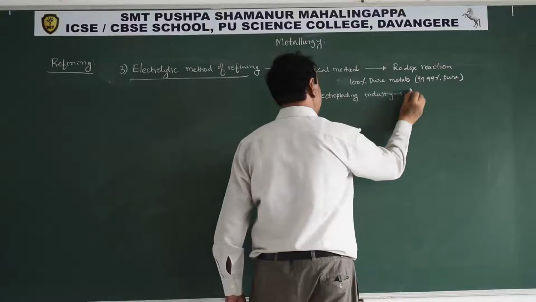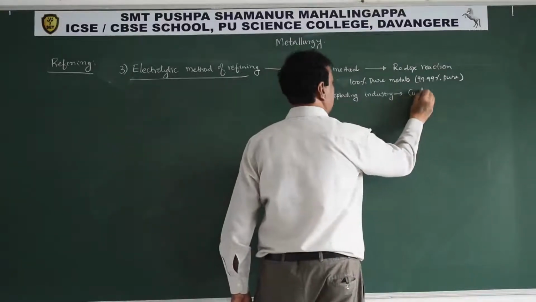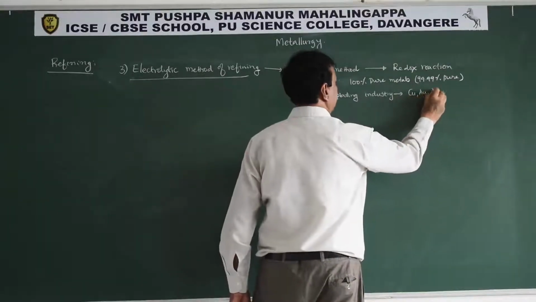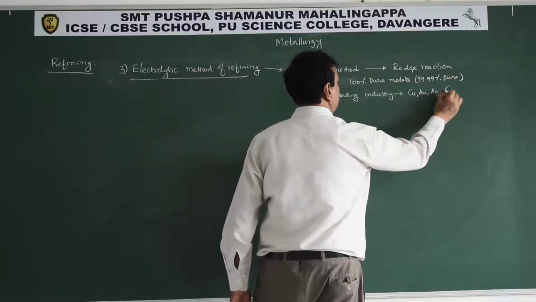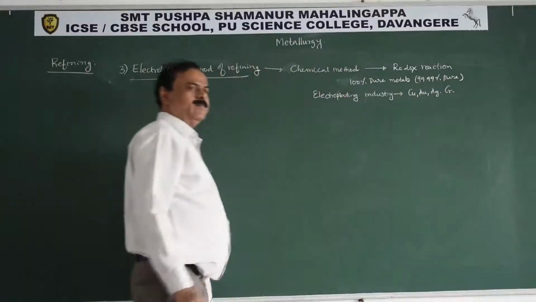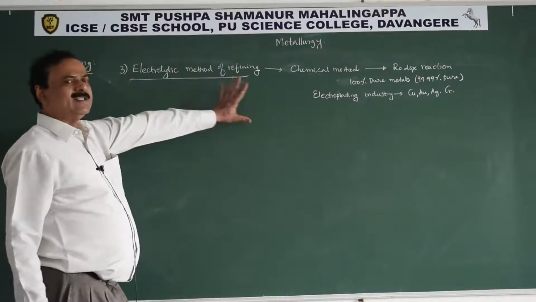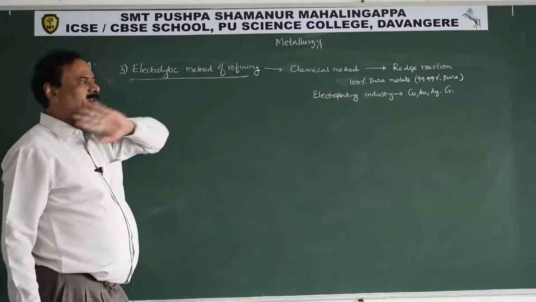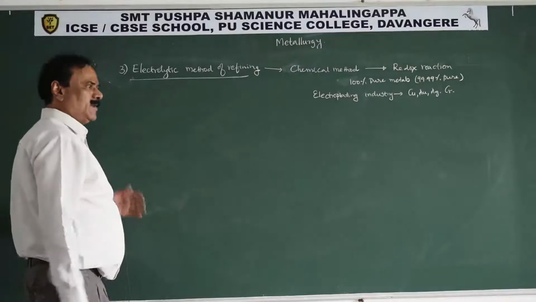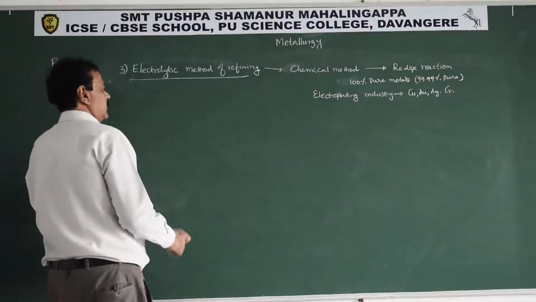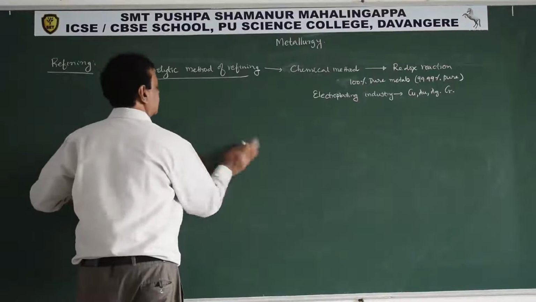In the electroplating industry, we use copper electroplating, gold electroplating, silver electroplating, chromium electroplating. We are using this type of metals. Is it clear?